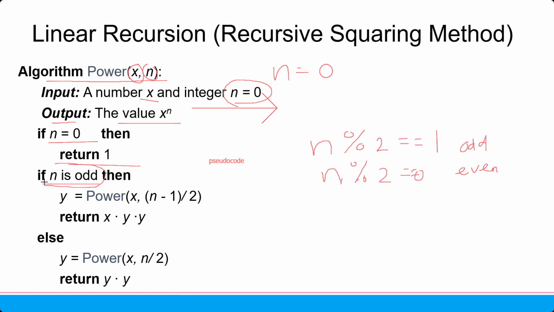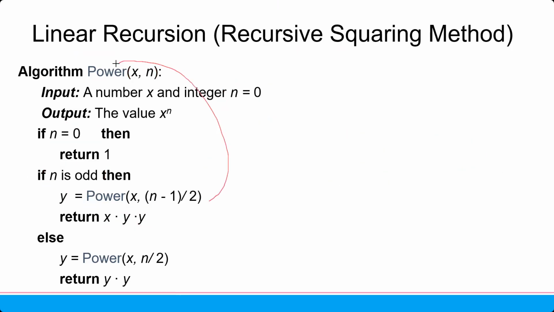This is pseudocode, so we just make it simple like this. If n is odd, we will do this: we just return x multiplied by y multiplied by y, where y is the result of calling the power function again, power(x, n divided by 2).